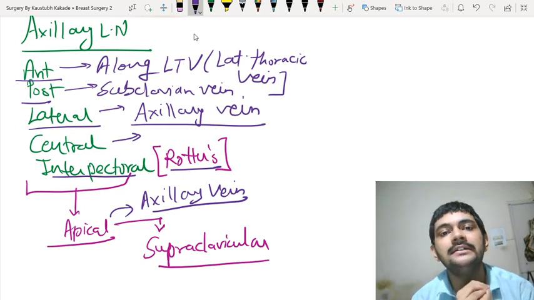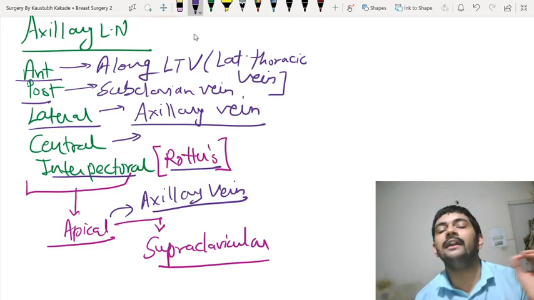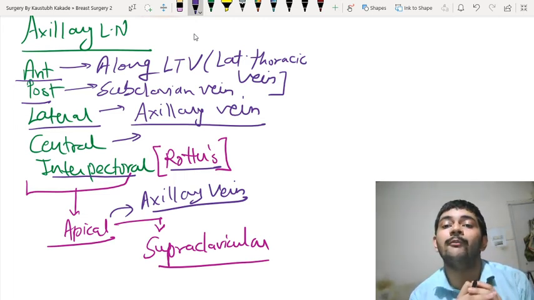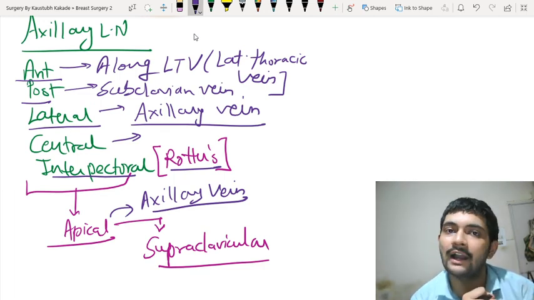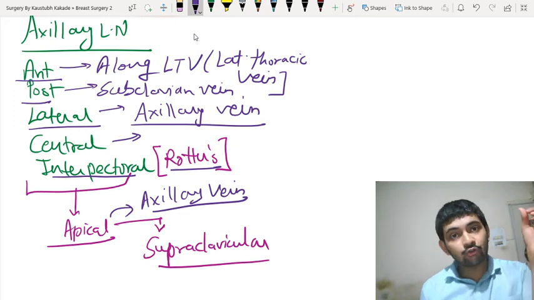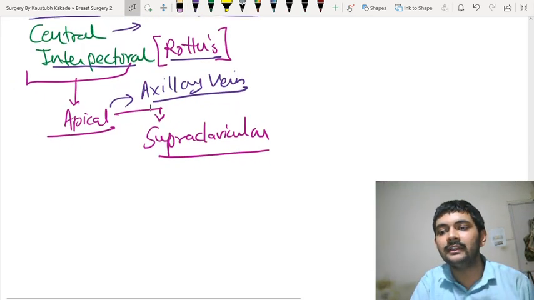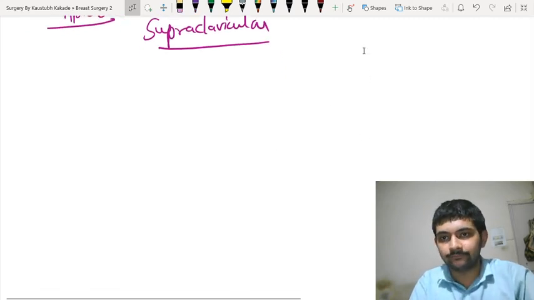After you identify the veins, sitting on those veins specifically, you will get a specific lymph node. But if there is a very abundant amount of lymph nodes, will it be easy for you to identify them? No. So that's why surgically we have divided these lymph nodes into different groups.